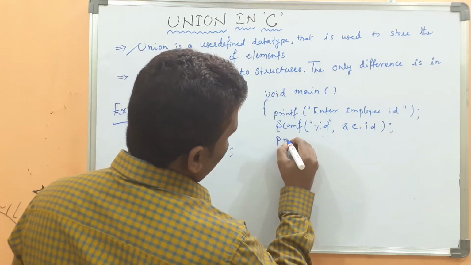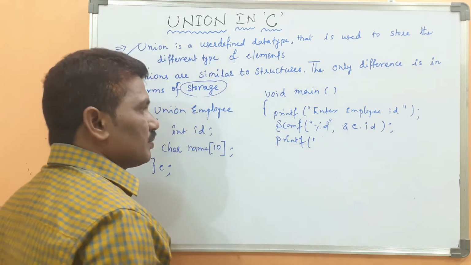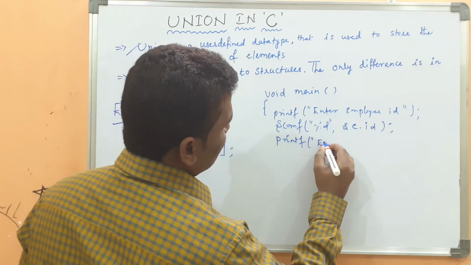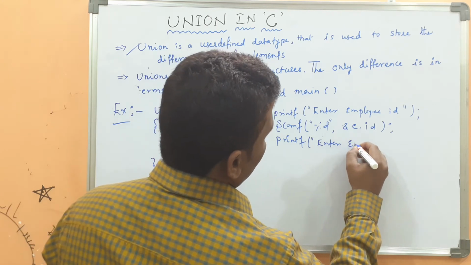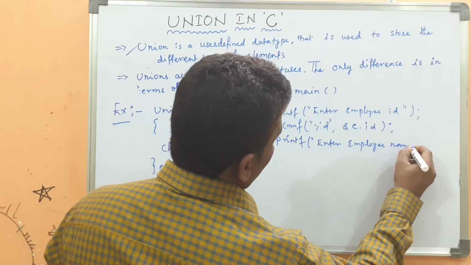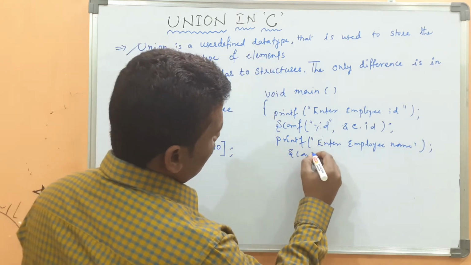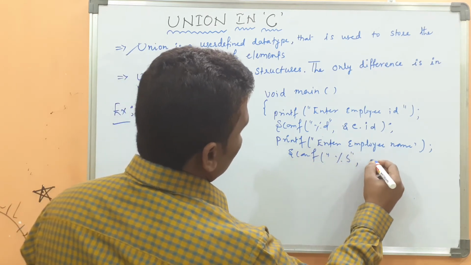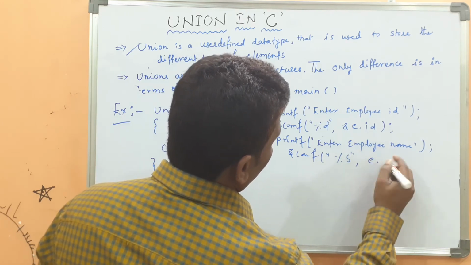Then printf enter employee name, scanf %s, we don't use the address operator for the string, e dot name.